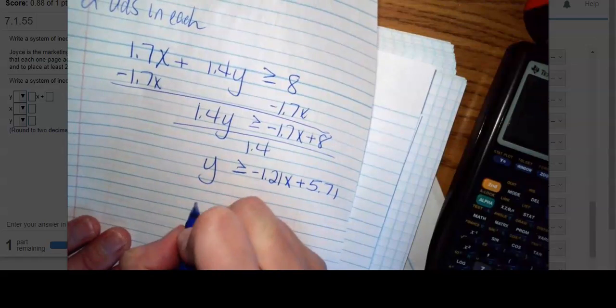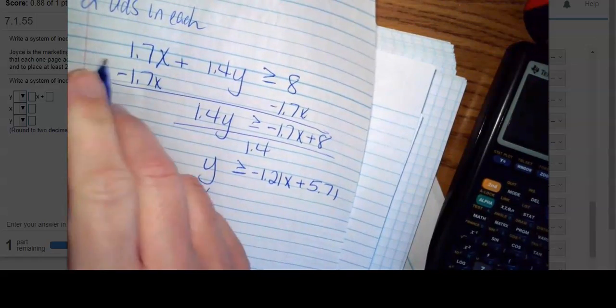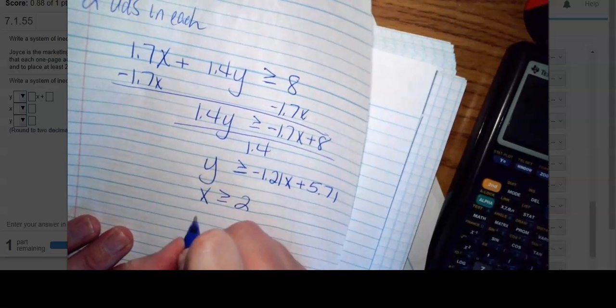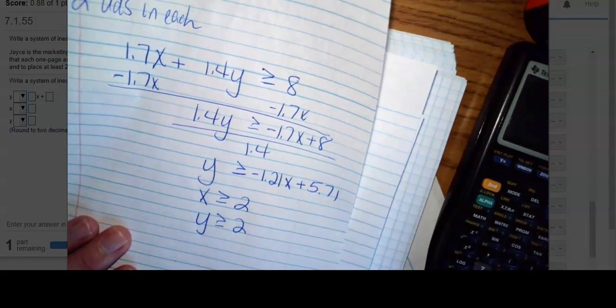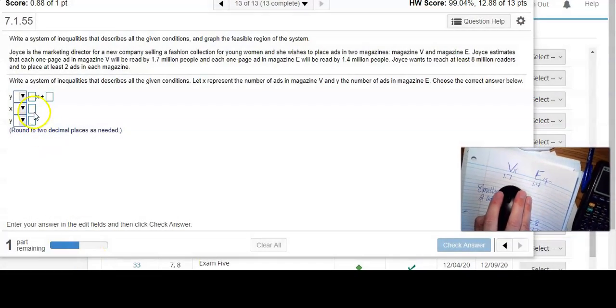Now the other thing is that I want 2 ads in each one. So magazine V, which is an x, needs to be bigger than or equal to 2. And magazine E, which is y, needs to be bigger than or equal to 2. So when we go over here, let's plop this thing down.